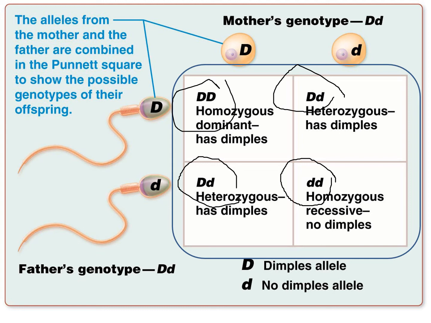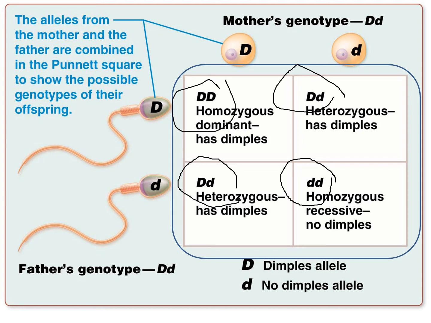So they have a 50% chance of having a genotype that's heterozygous. They have a 25% chance of having a homozygous dominant child and a 25% chance of having a homozygous recessive child. So 50 plus 25 plus 25 equals 100%. So that's the genotype. The phenotype: we know that homozygous dominant, big D, is dominant, so they're definitely going to have dimples.